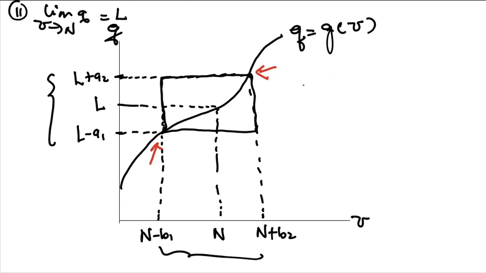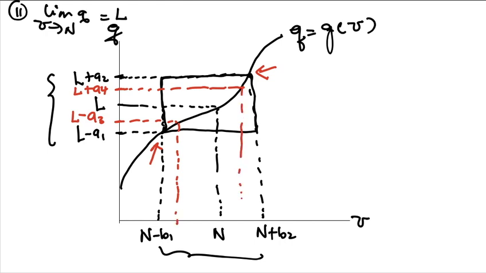Now, just imagine we construct another, different neighborhood of L instead of the first one. Let's say here L minus A3, and here L plus A4. Draw a dashed line again horizontally, then we get another neighborhood for N. Let's say here N minus b3, and here N plus b4.